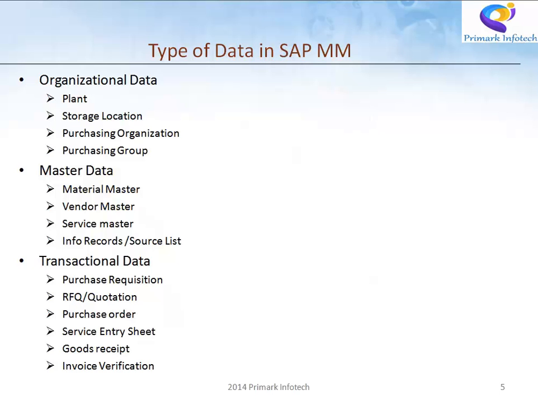Once we have got a vendor who would probably source us, we raise a purchase order against him. And then the next would be a goods receipt of those materials. And then the final thing is the invoice verification. In between, the service entry sheet is the one where we record how much of the services have been completed.